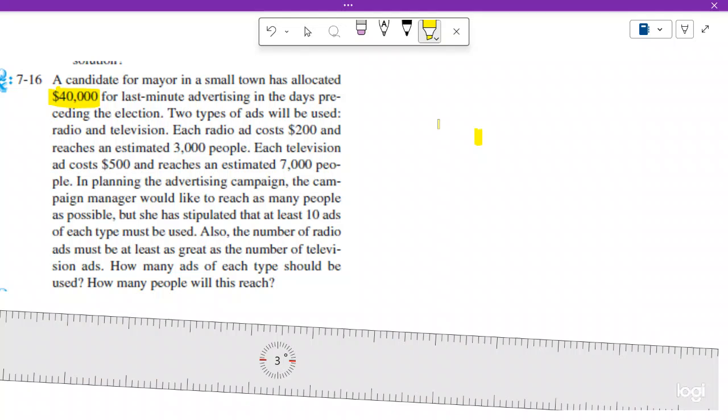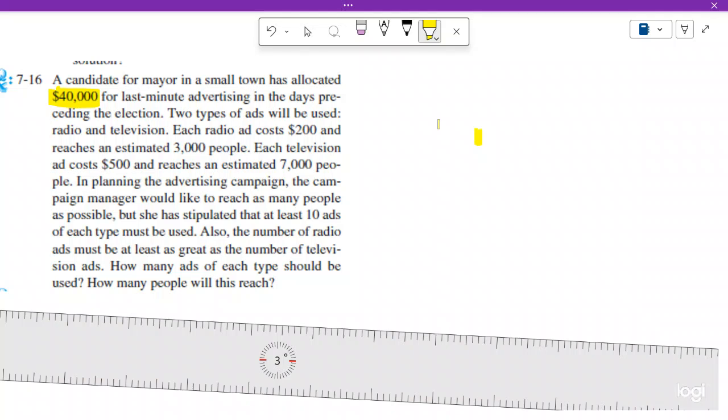Can you exceed it? It must be within the budget. That's the first tip. You must be within the budget. Okay?